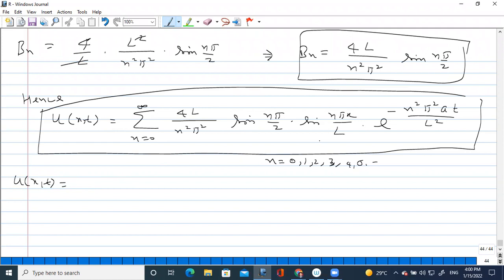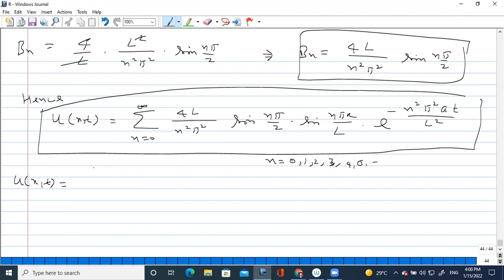So if you put n equal to 0, the whole term will become 0. If you put n equal to 1, then it will be existing. Sine pi by 2 is 1, so then it will be existing. If you put n equal to 2, again the whole term is 0. So it means even n will not be feasible. N equal to odd only will be feasible.